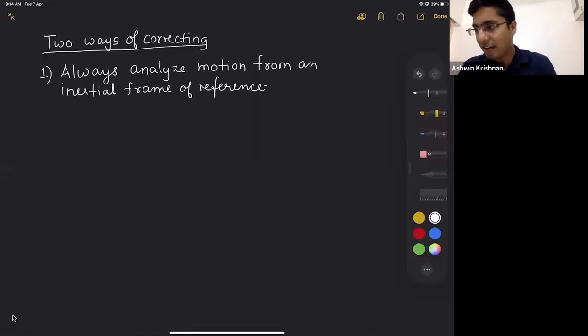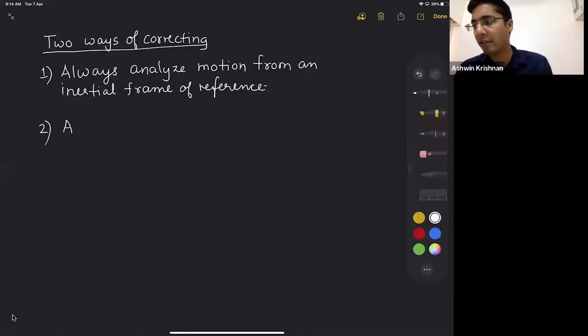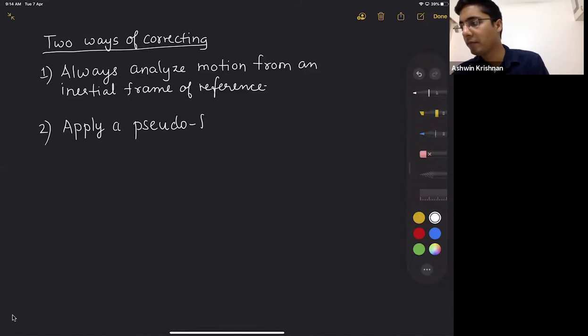The second way, if you are asked to find the perspective from an accelerated frame of motion, is to apply something we call a pseudo force on the body in the opposite direction.